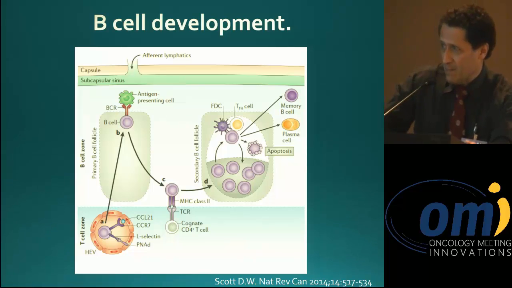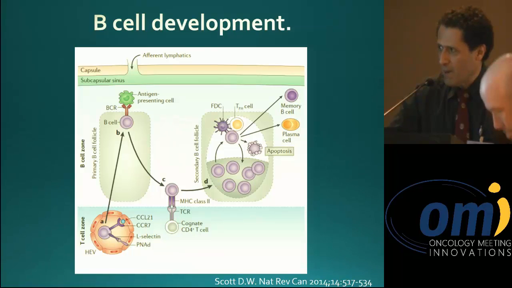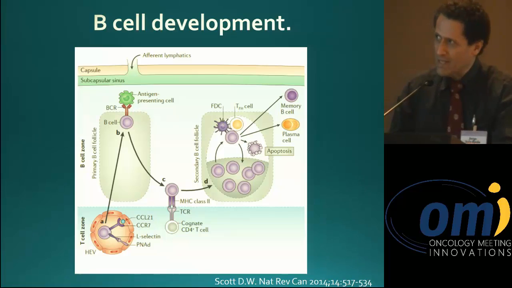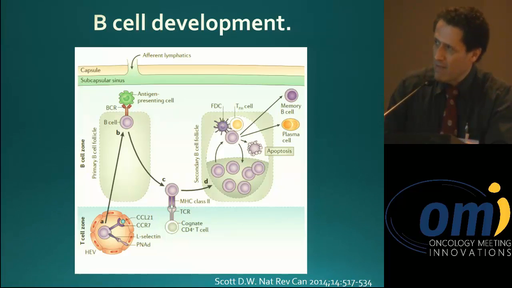After that, B cells exit the primary follicle and encounter another checkpoint conferred by CD4 T cells. As you can see, a second checkpoint and a second antigen presentation, in this case by CD4 T cells. And after that, the B lymphocyte is ready to enter the secondary follicle.